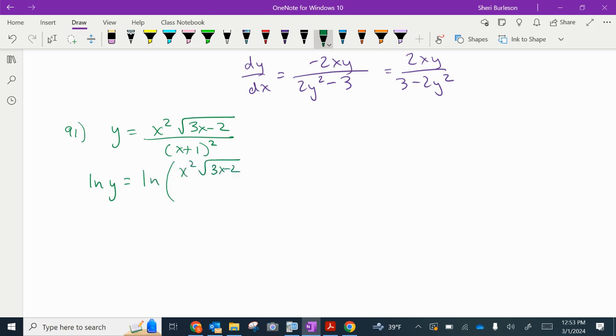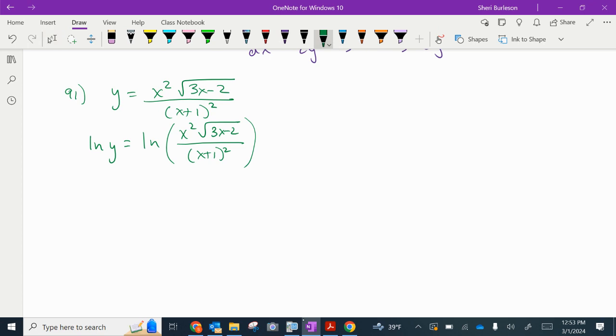And then I'm going to use logarithmic properties. Is there anyone in here that just goes ahead and does all of them at once? Are you able to do all of the natural log properties at once?